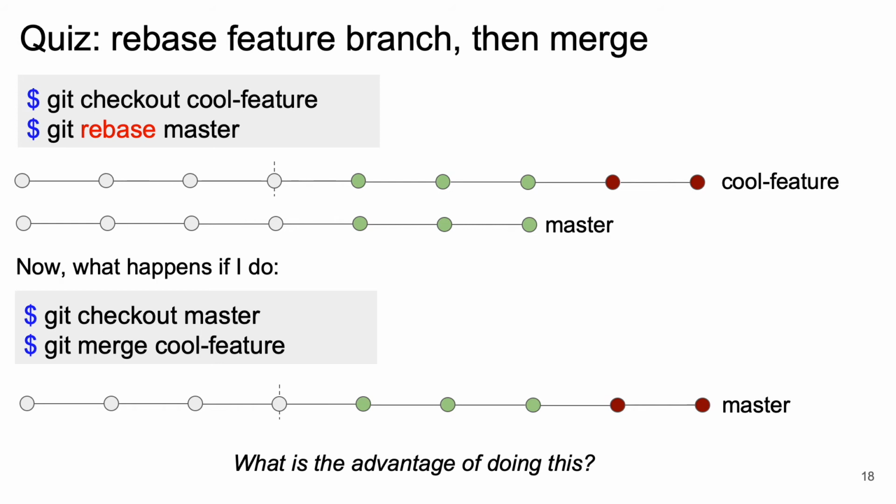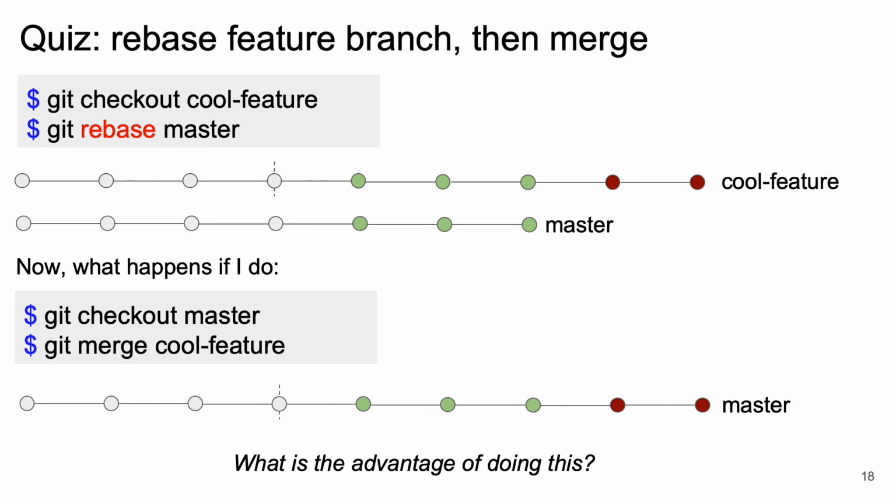So the first advantage is the following, that in a software project, quite often the person who's working on the master branch is the maintainer of this code repository. The person who's working on the cool feature branch is someone like you and me, who is not the owner of the repository. So these are two different people. And there are probably hundreds of pull requests happening on this software project.